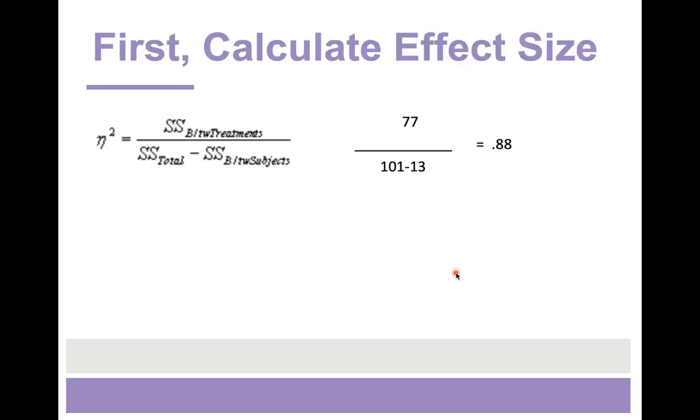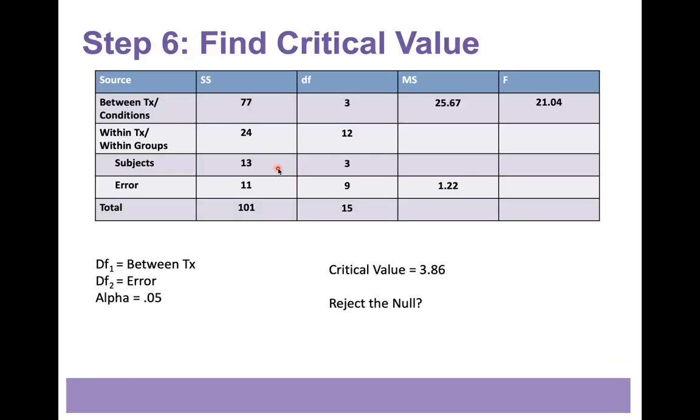Let's tackle the easy one. The effect size, that's eta. We call this eta squared. The effect size is our sum of squares between treatments divided by our sum of squares total minus the sum of squares between subjects or individual differences. So we go back to this ANOVA table. We pull the values we need.